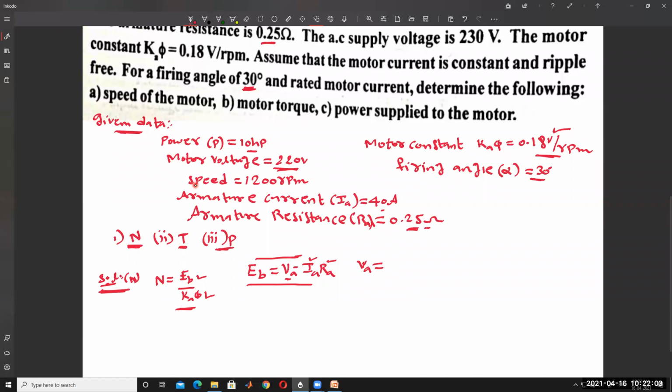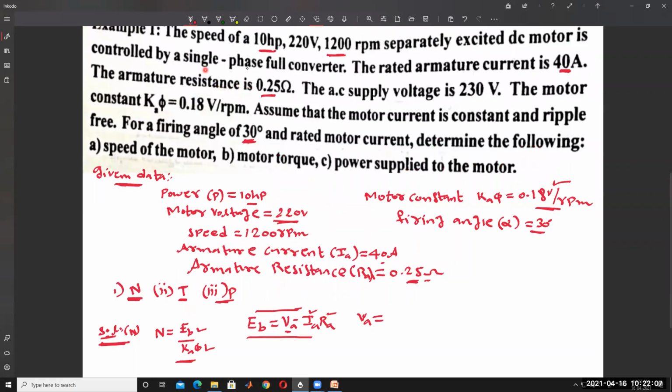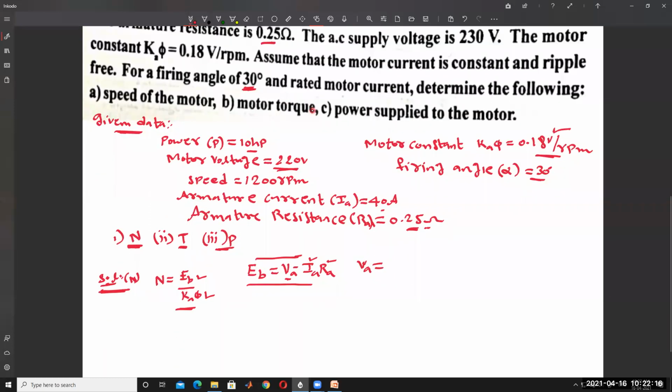What is the converter here? A single phase full converter, so the motor is controlled by a single phase full converter. The output voltage for a full converter is 2 Vm by pi into cos alpha, while for a semi converter it is Vm by pi into 1 plus cos alpha.